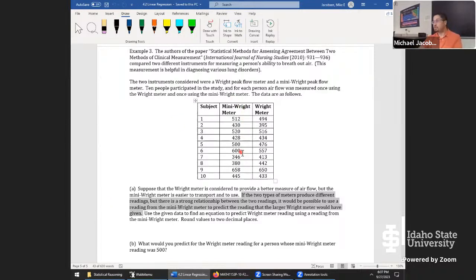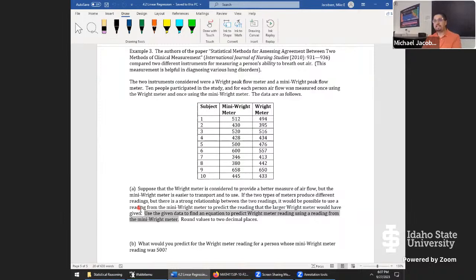But if you know how they're associated with the Wright meter readings, you could just calculate a formula and get the more accurate value from that, even when you have the less accurate device. So it says here, use the given data to find an equation to predict Wright meter reading using a reading from the mini Wright meter. So now that's the full context. Any questions at the moment with the story of this problem?